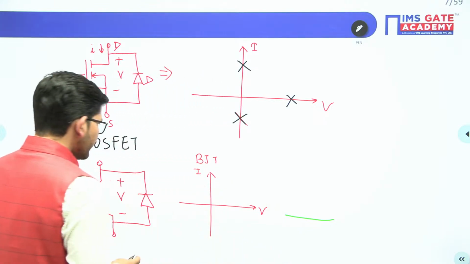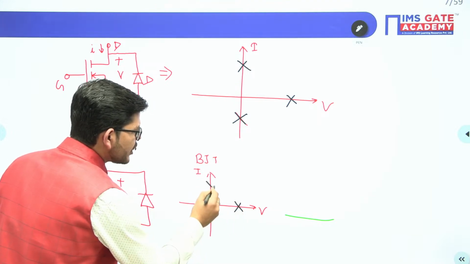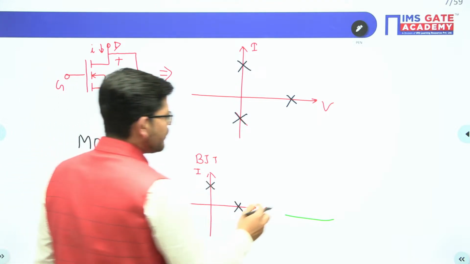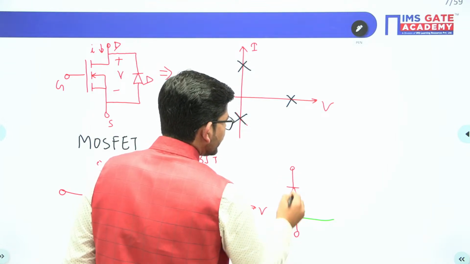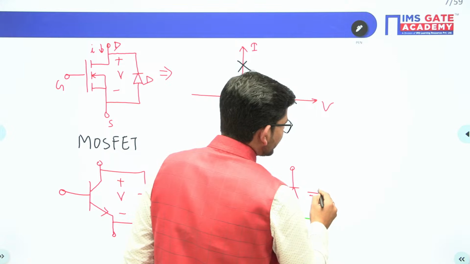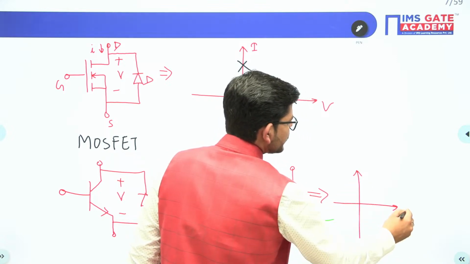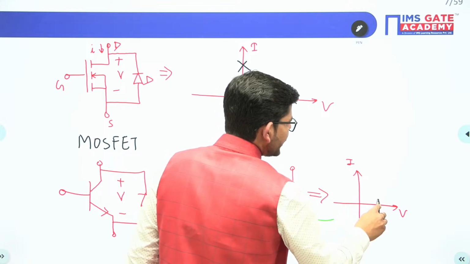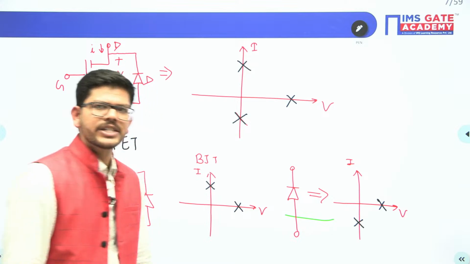So see, when we talk about BJT, you can see we have this particular switch realization and we have a diode connected in this particular manner here. So what about this particular diode, guys? For this particular diode, what will happen if this is V and this is I? This will be able to block positive voltage and this will carry current in negative direction, isn't it?